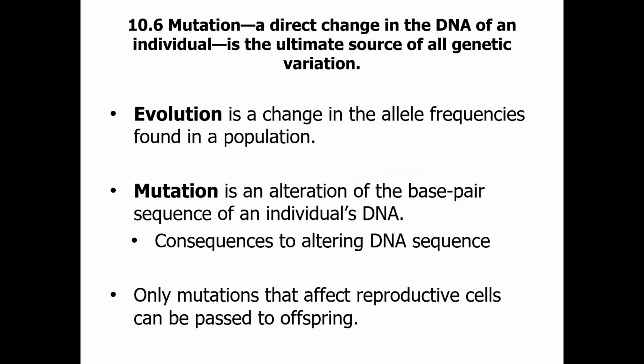So mutation is all about changing the DNA. And we talked a lot about this when we were looking at transcription and translation, going from DNA to RNA to proteins. We know that in a spontaneous mutation, so one that just happens naturally, DNA can change.